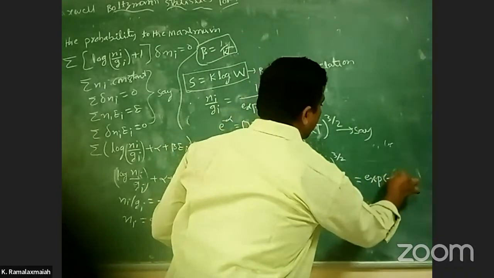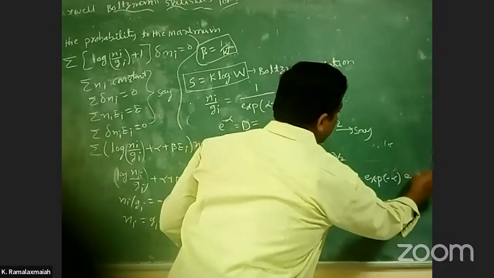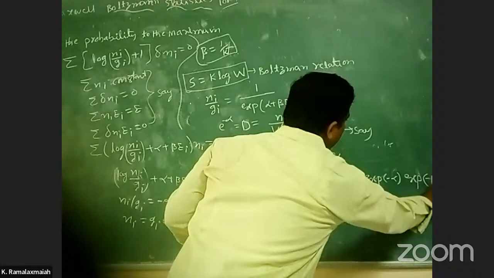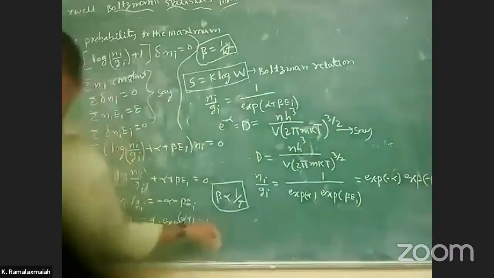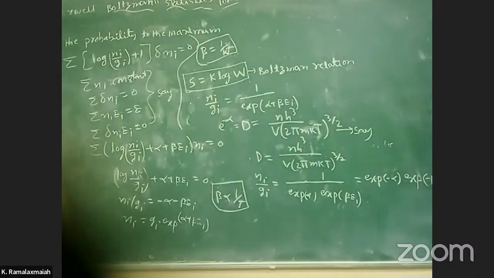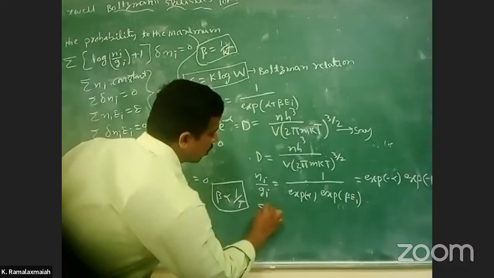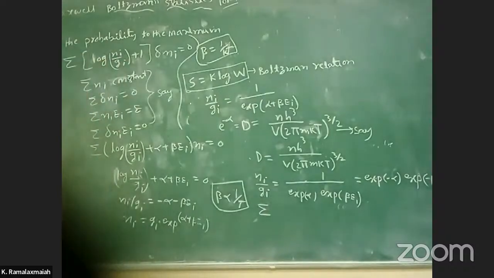Exponential of minus alpha, exponential of minus beta Ei. So here you multiply the summation, which one?